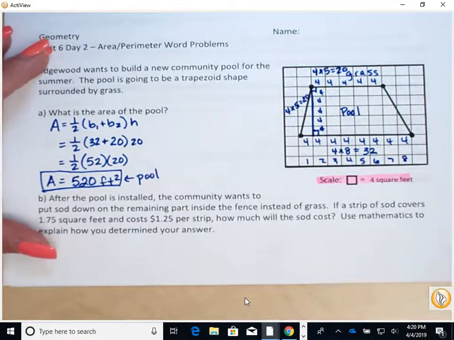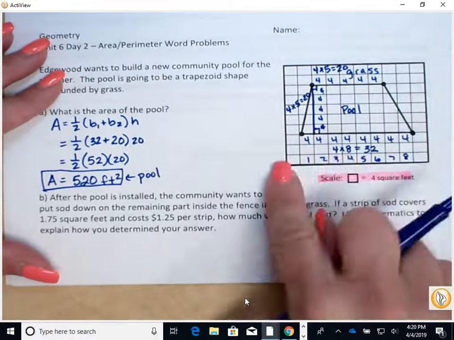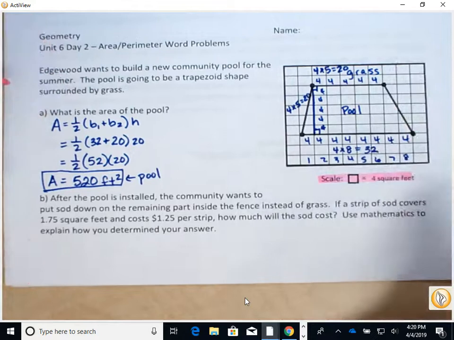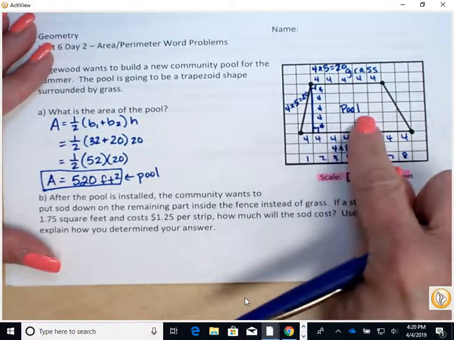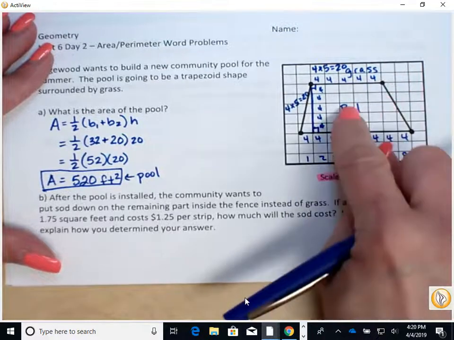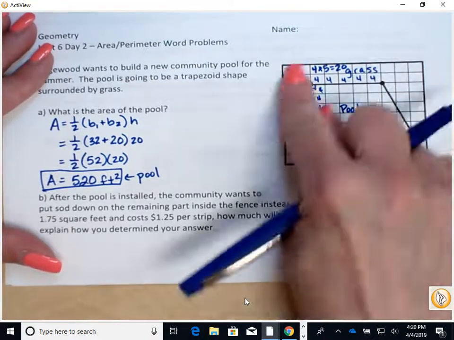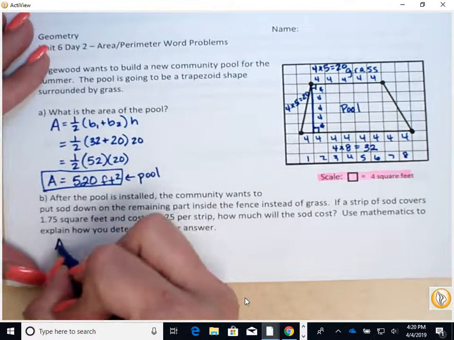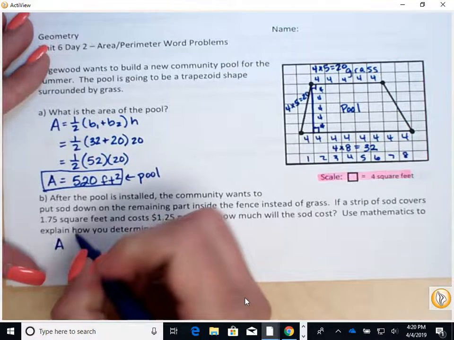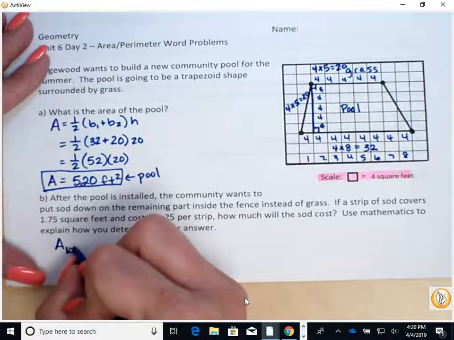What we can do is find the area of this whole big square or rectangle, whatever this ends up being, and since we already found the area of the pool, take this whole area and subtract the area of the pool, and that'll tell me how much grass or sod I need. I'm going to write A for area.